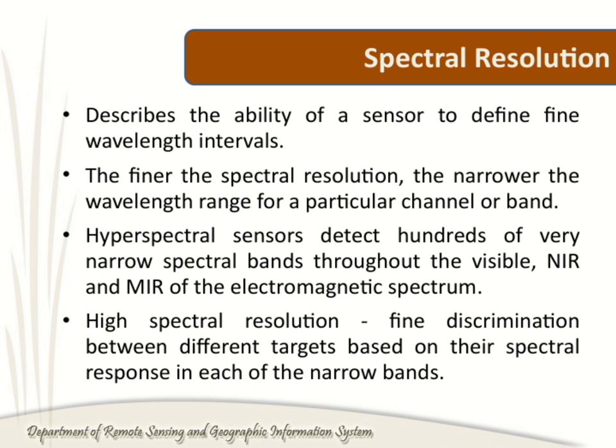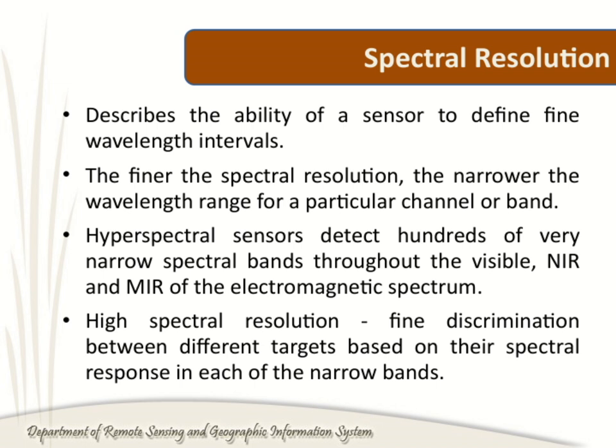They can detect hundreds of these very narrow spectral bands, spanning from visible light through near-infrared and into mid-infrared. This allows us to gather detailed spectral information across a broad part of the electromagnetic spectrum. And why does this matter? Well, with high spectral resolution, we can make fine discriminations between different targets based on their unique spectral responses.